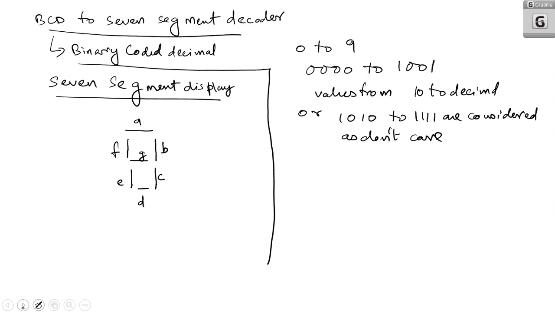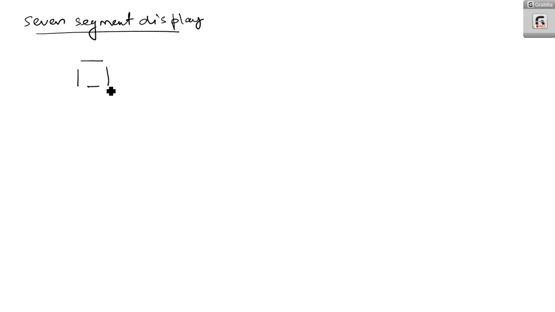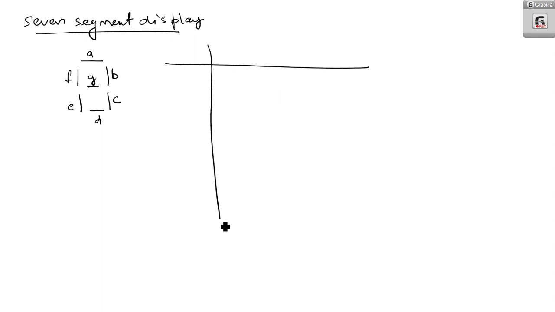Now let me draw it once more. Let me elaborate about this 7-segment display. So 7 segments, 1, 2, 3, 4, 5, 6 and 7. I am naming each segment or LED as A, B, C, D, E, F and G. Now if I need to display the numbers from 0 to 9, which LEDs should be glowing, I will list here.